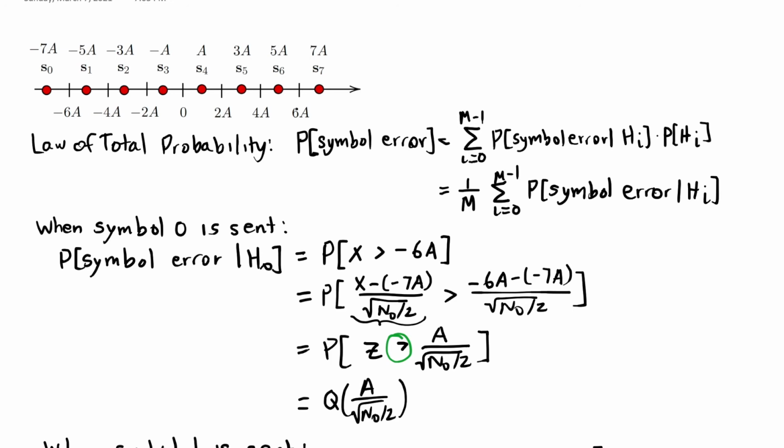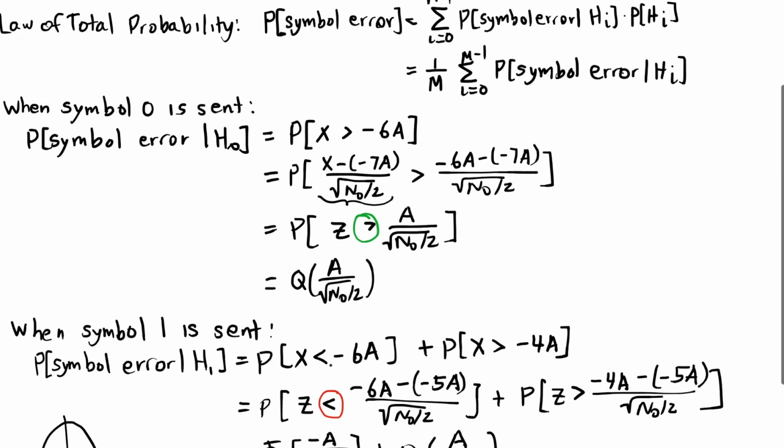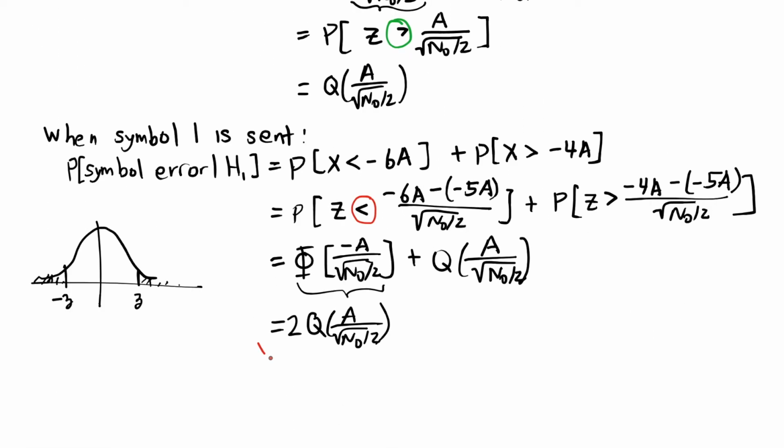It's got a threshold that is 1a away from its mean. And so it's going to also end up with this first probability of error, the single Q function. So I have these two different expressions. This one applies for symbols 1 through S6, and this one applies for symbol 0 or symbol 7.